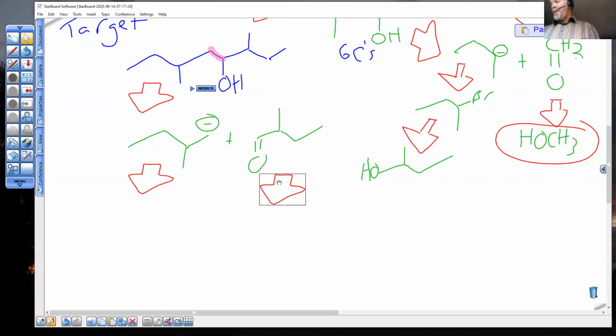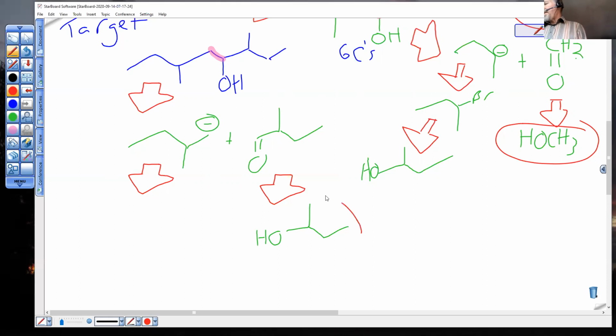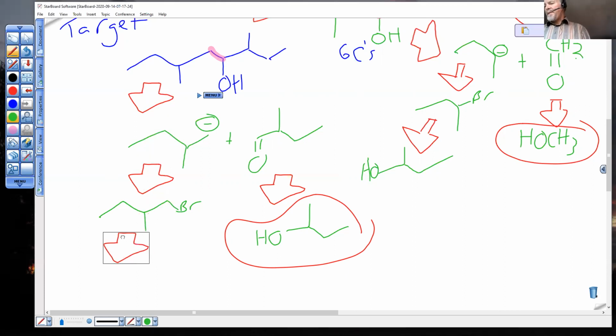We're going to do a little oxidation review. That comes from there. This came from an alkyl bromide. Oh, let's not be that messy. With 5 carbons, which comes from an alcohol with 5 carbons.